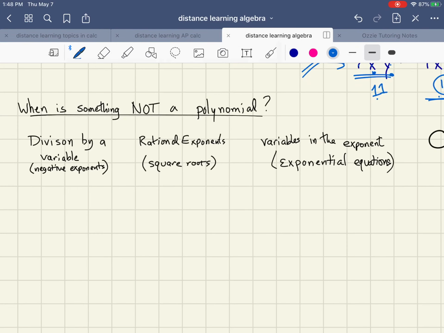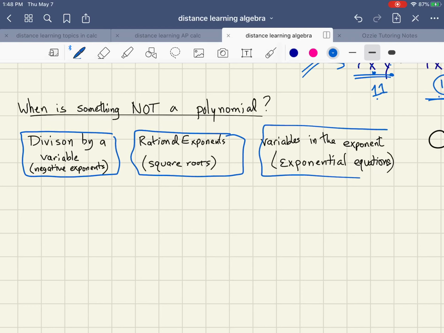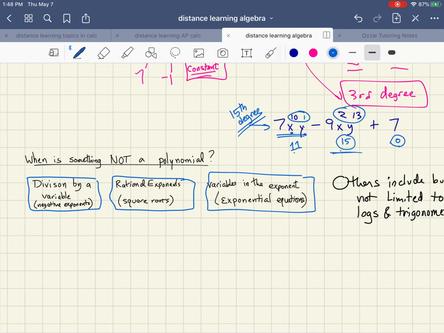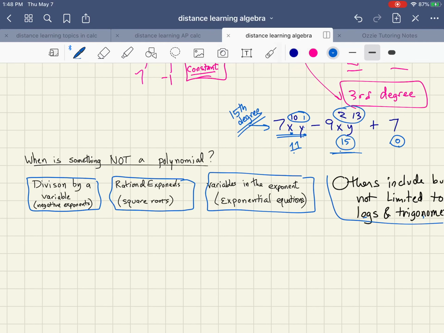Now, when is something not a polynomial? You could have addition and subtraction of multiple terms. Could be 7, could be 10, could be 1. Okay, and what we're going to watch out for are these. These are the three main issues that we're going to run into. There are others like logarithms and trigonometry, sine, cosine, tangent, things like that, that will throw a wrench in this, and there will not be polynomial.